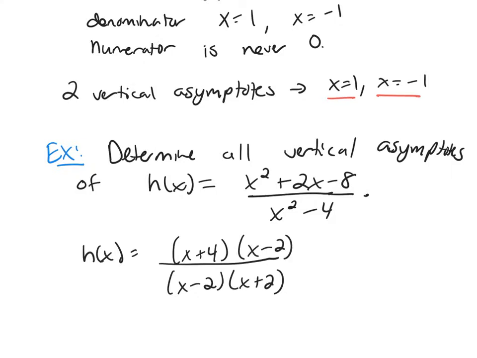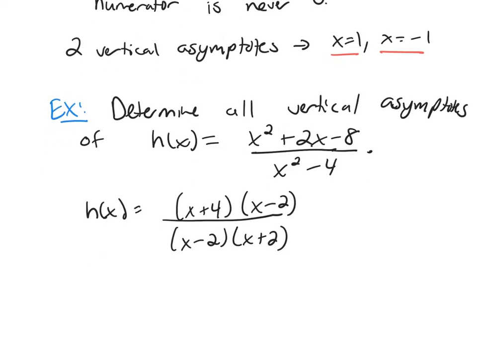Now here, if I look, I can see that two things are identical in the numerator and denominator: an x minus 2 and an x minus 2. So as long as I'm not looking at x equals 2, I can cancel those away, provided x is not 2.